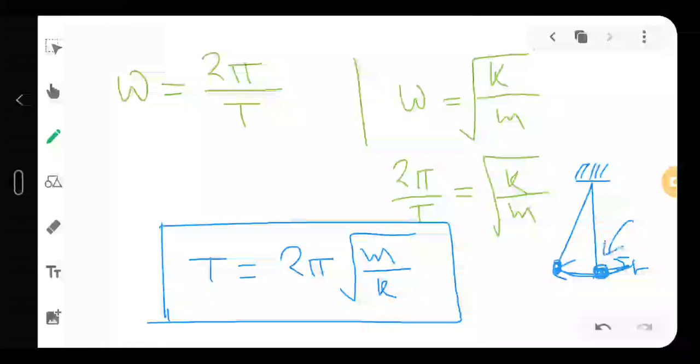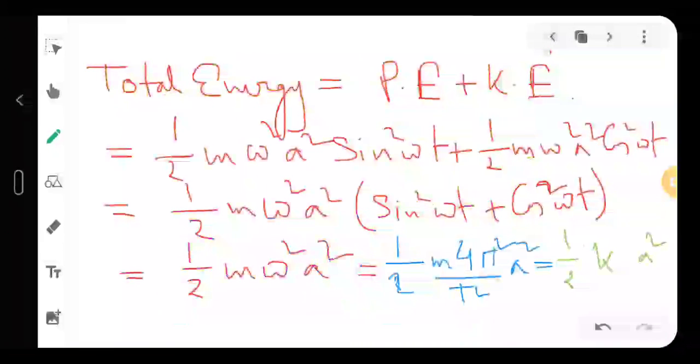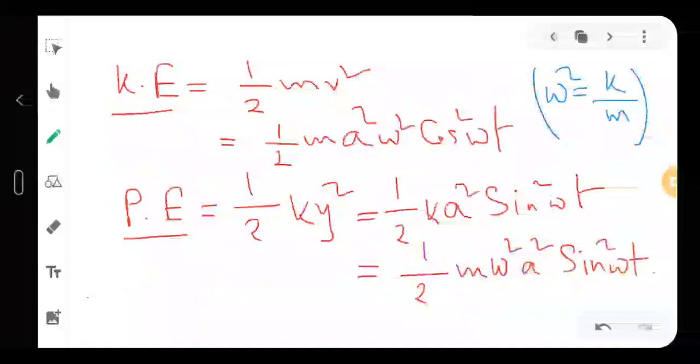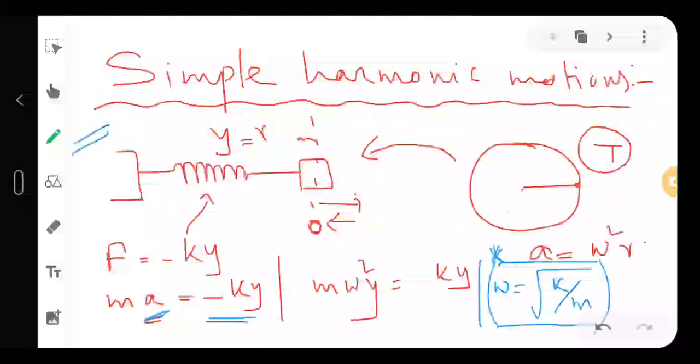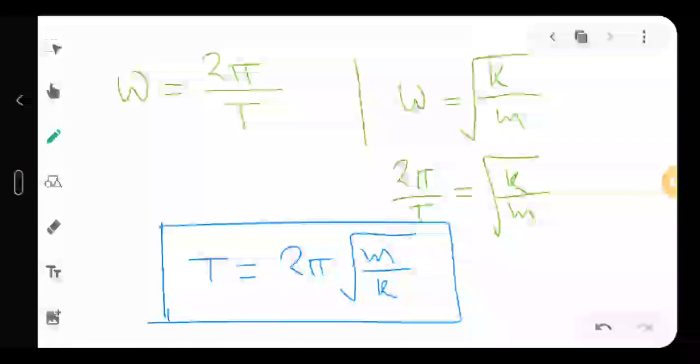Then you increase the load, you increase the mass, and then see what happens. So you can understand how this formula is authentic in that case. Okay, so we have seen this formula, right? We have seen what is the total energy of those systems.